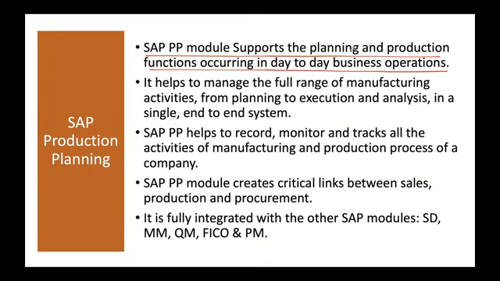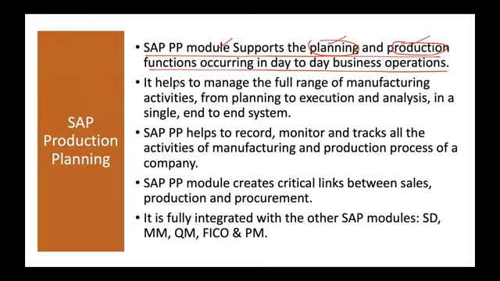So it supports planning and production, manufacturing execution: how much quantity we produced, what is the loss, what is the output we got, what machines were used during production, when the production started, the start date, start time, finish date, finish time. All those things they will enter using the PP module. The PP module supports both planning and production.